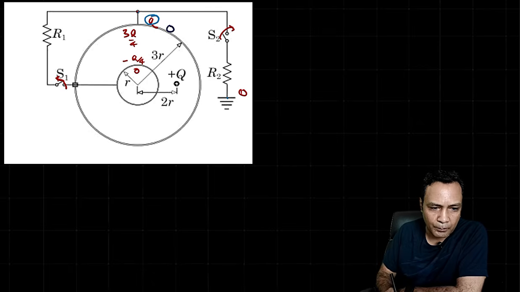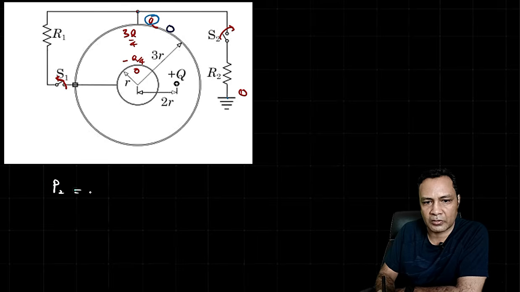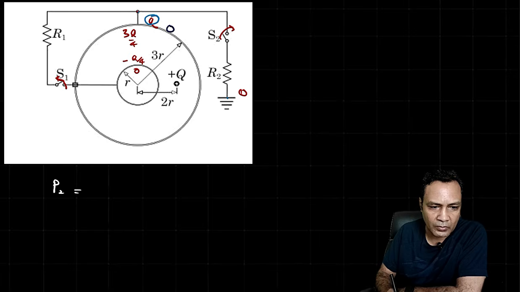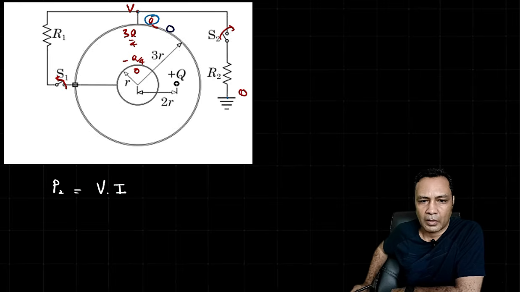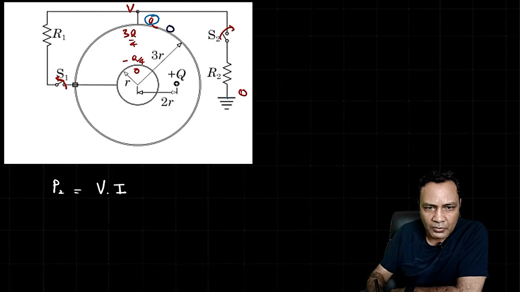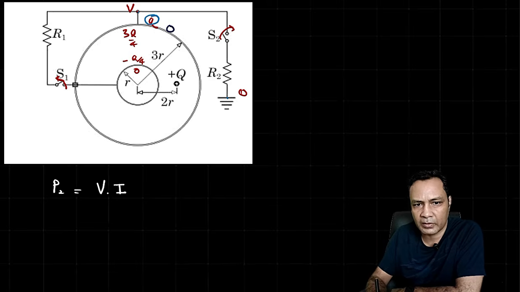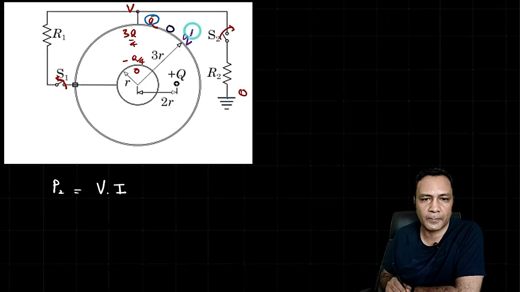In the same way, the power dissipation in R2, I will write P R2 is equal to the potential difference from here to here. Suppose this potential is obviously 0 and this potential is V. So that would be V into I. Suppose at a general moment, when this charge is flowing from here to here, this charge is Q dash.